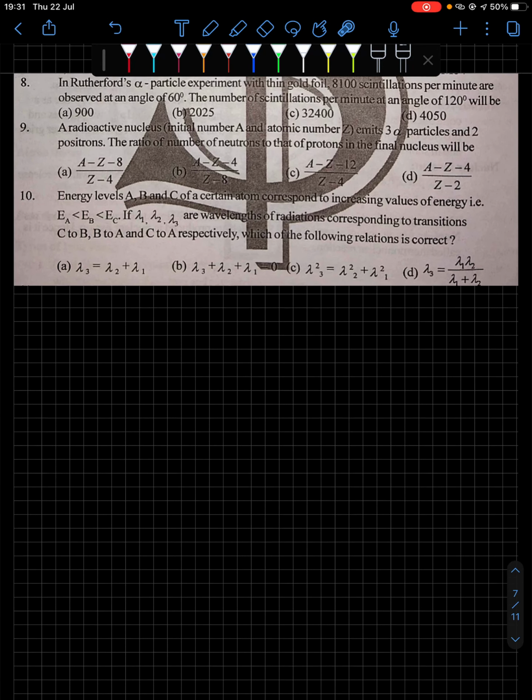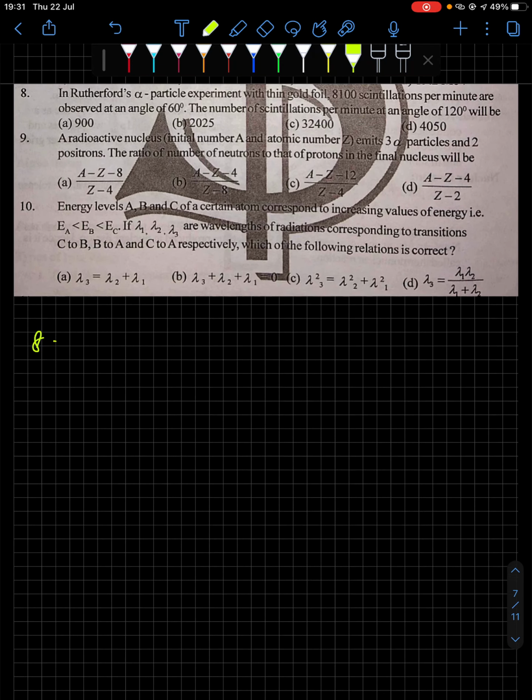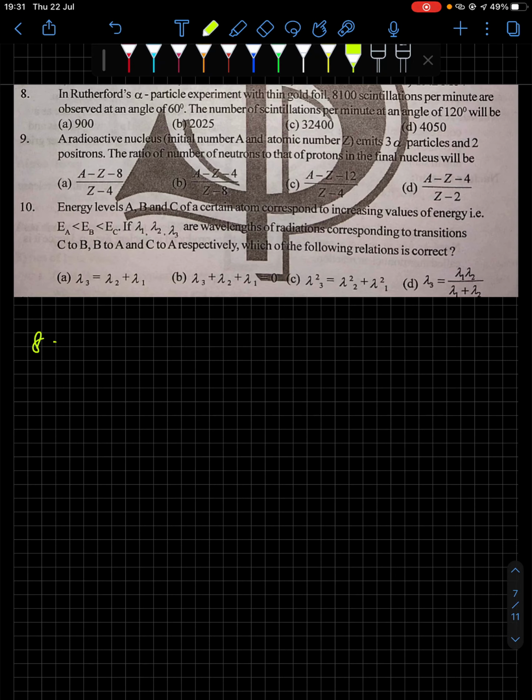number 8. Now in Rutherford's alpha particle experiment with thin gold foil, 8100 scintillations per minute are observed at an angle of 60 degree. Number of scintillations per minute at an angle of 120 degree will be what? Now we talked about this relation, like this scintillation means sparks, and sparks happen when this alpha particle are captured by the detector in Rutherford's experiment.